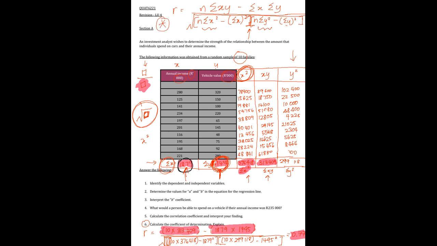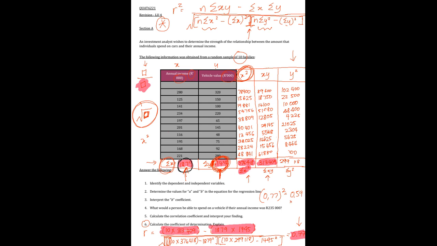So whatever answer you get for R, all you're going to do is square it. So for this question, remember R we calculated at the bottom here was 0.77. So if you square 0.77, that's going to give you an answer of 0.59, which needs to be converted to a percentage.